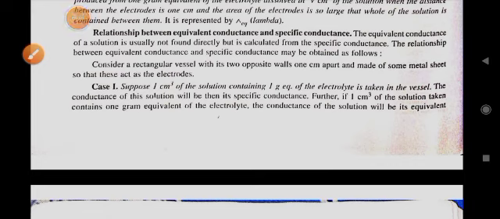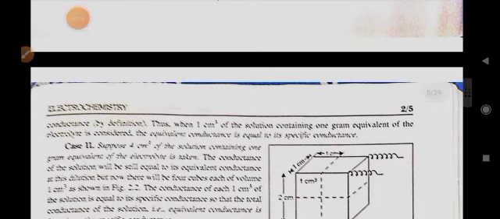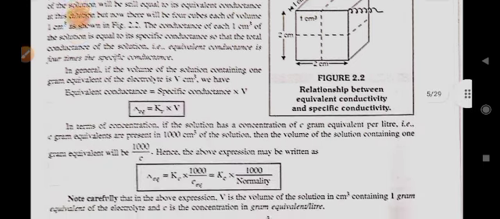Case 1: suppose 1 centimeter cube of the solution containing 1 gram equivalent of the electrolyte is taken in the vessel. The conductance of this solution will then be its specific conductance. Further, if the 1 centimeter cube of solution taken contains 1 gram equivalent of the electrolyte, the conductance of the solution will be the equivalent conductance. Thus, when 1 centimeter cube of the solution containing 1 gram equivalent of the electrolyte is considered, the equivalent conductance is equal to the specific conductance.